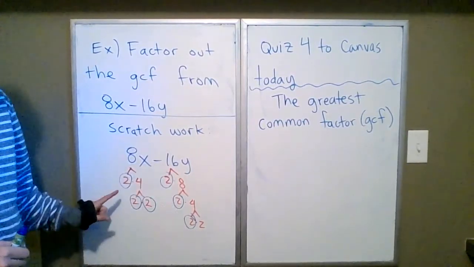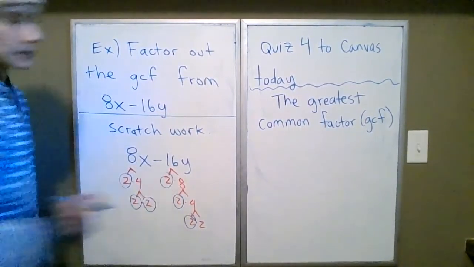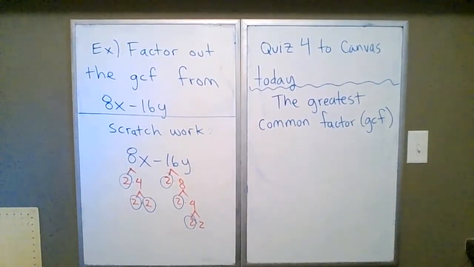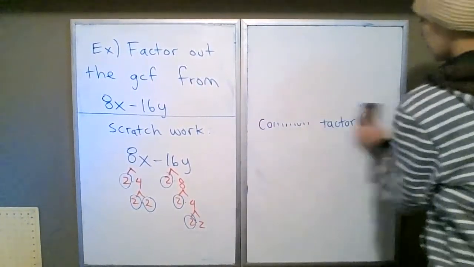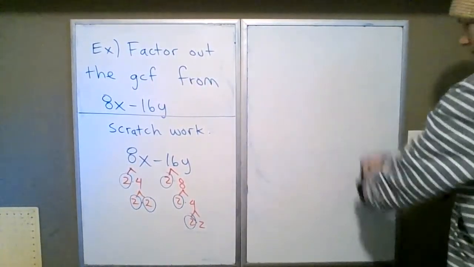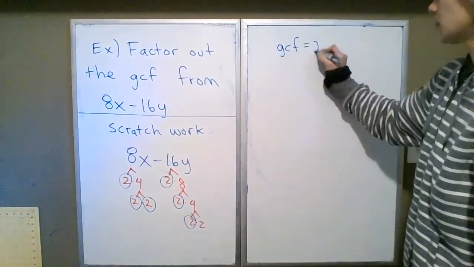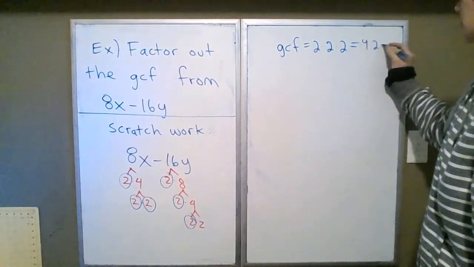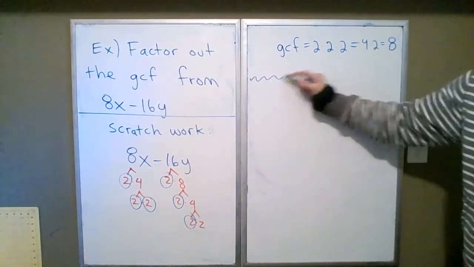So our greatest common factor is 2 times 2 times 2. So we want to factor out 8.